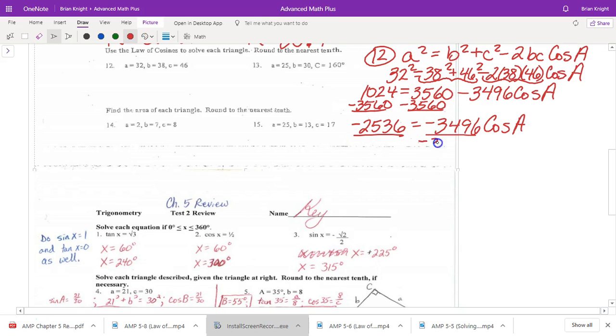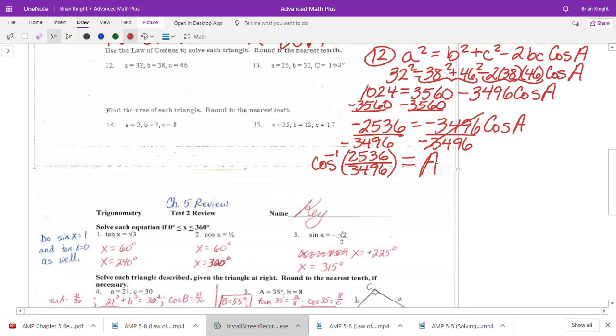Divide by negative 3496. And how do I get rid of the cosine? Inverse cosine. So I'm taking the inverse cosine of this. They're both negative, so I'm going to take those negatives off. I don't need them. Two negatives divided by each other equal a positive.